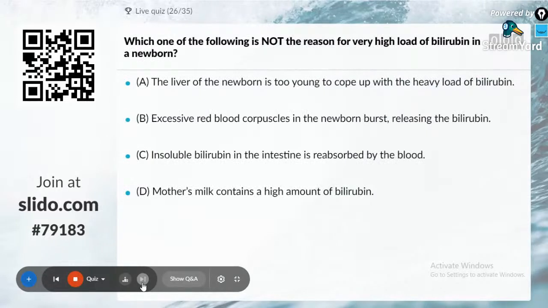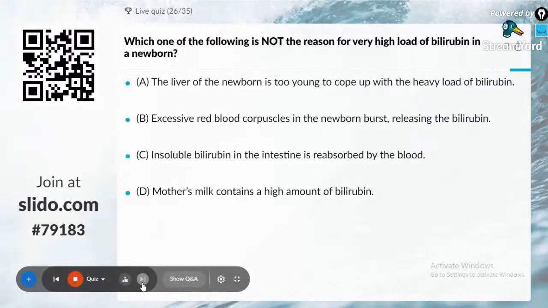Which one of the following is not the reason for very high load of bilirubin in a newborn? When you look at a newborn baby, you would see that the face turns yellow in color, and after keeping the baby in ventilators and using certain techniques, the baby regains its original face color by losing the yellow color.